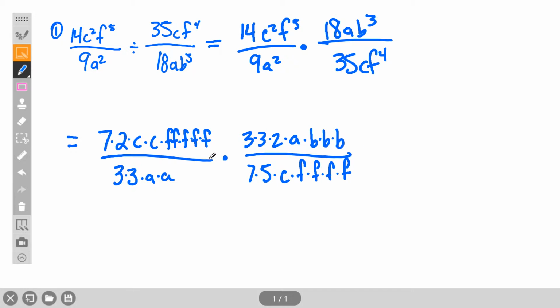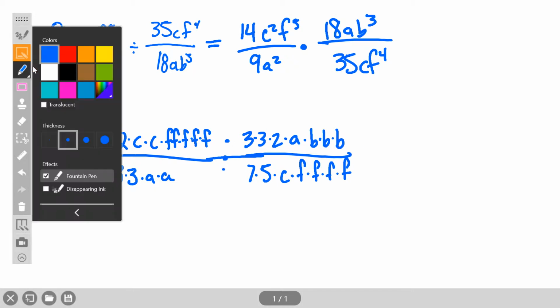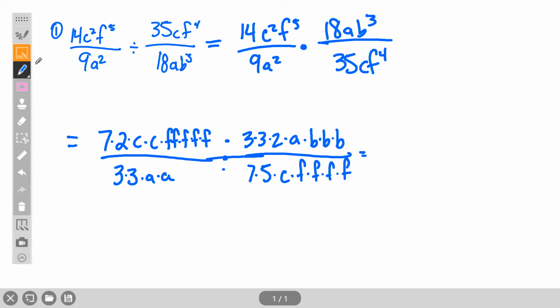Okay, now since this is multiplication, we can just combine it right here. We don't really need to write it again. So we can consider it all over this.